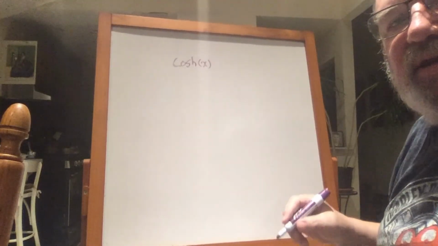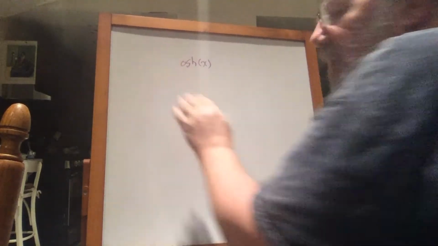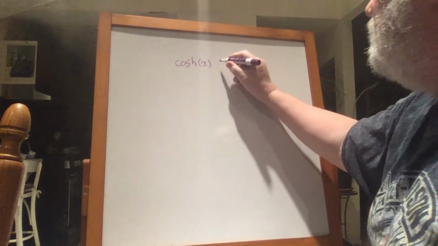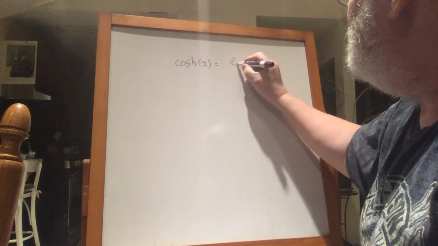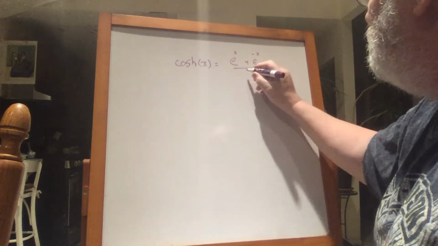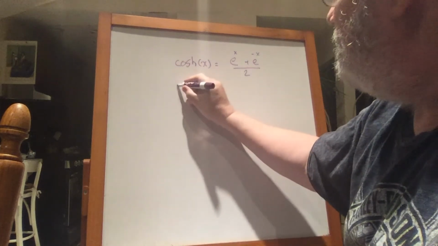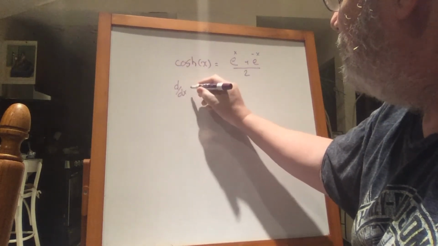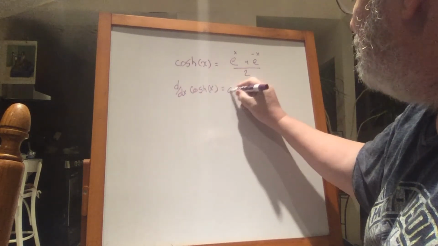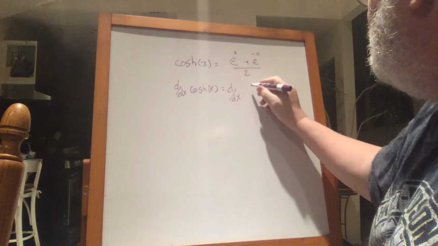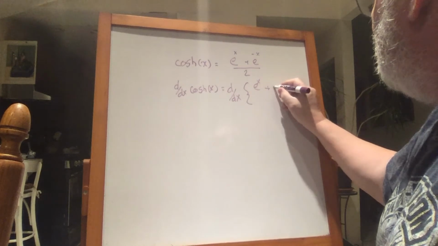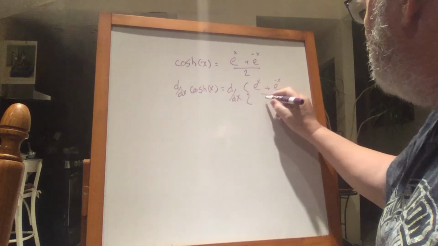Cosh x equals e to the x plus e to the minus x over 2, and d/dx of cosh x equals d/dx of e to the x plus e to the minus x over 2.